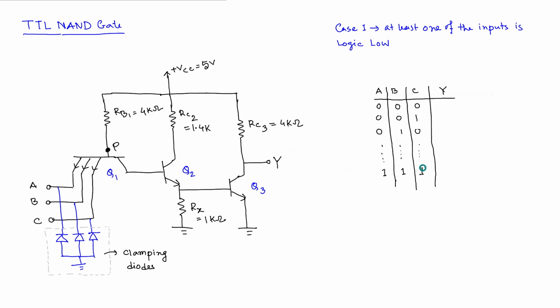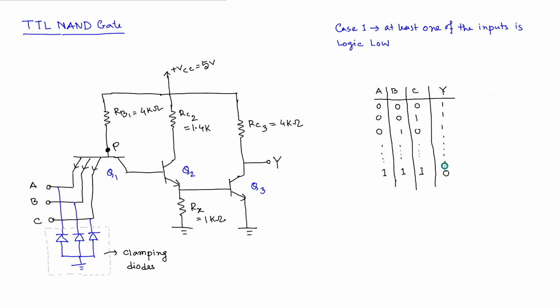And we know for a NAND gate, whenever all the inputs are 1, we get logic 0 at the output, because this is just the inverse of AND. For all other cases, if at least one of the inputs is 0, the output will be 1. So this is the truth table.